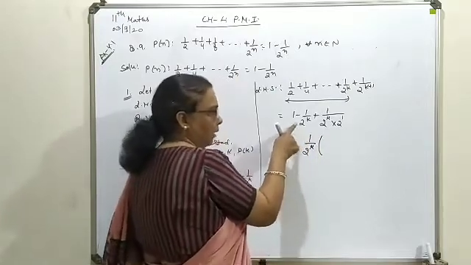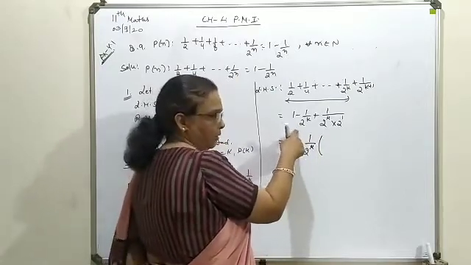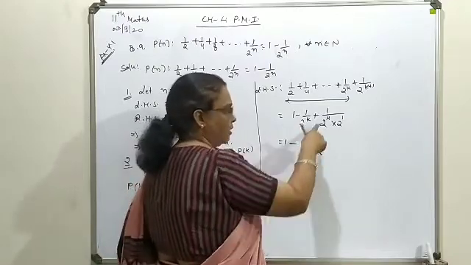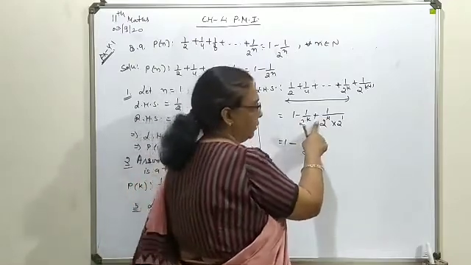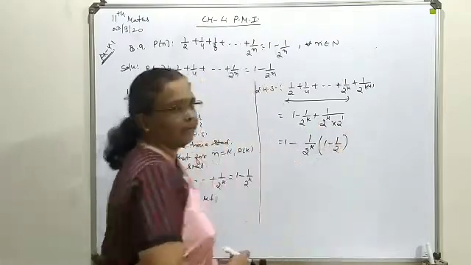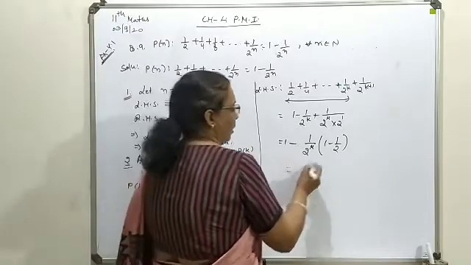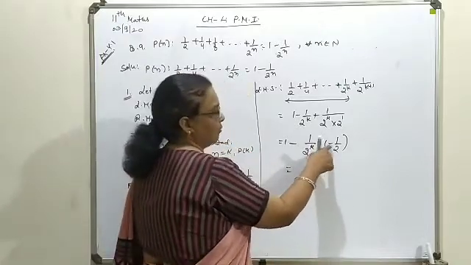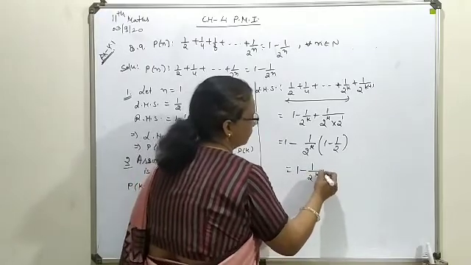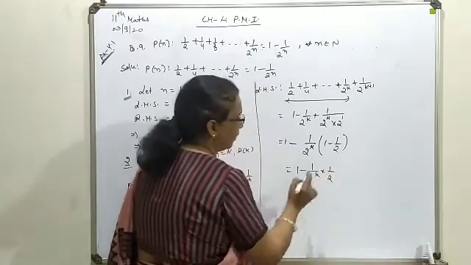Take this main point: remember that minus here only we are going to take common. So inside it will turn to a negative quantity. So what is left inside the bracket is minus half. On taking LCM or directly also, 1 minus half is plus half only. Here make the powers add.